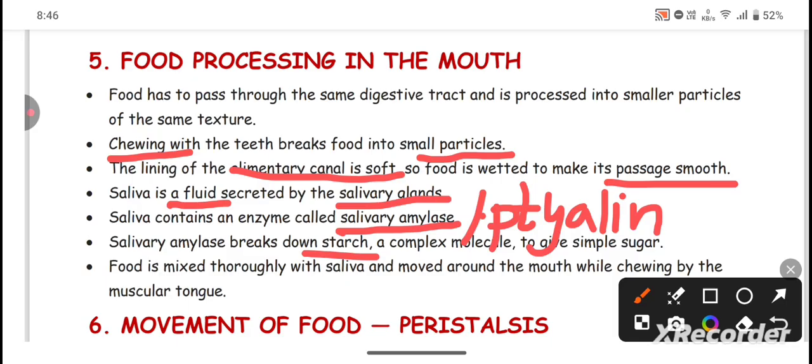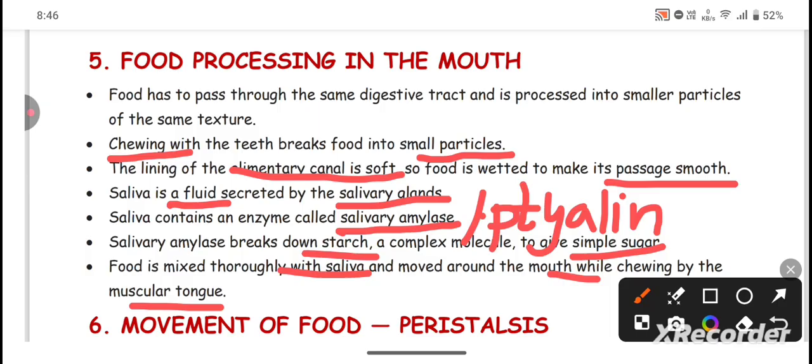Starch, a complex carbohydrate, is broken down into simple sugars by the action of the enzyme amylase. Food is mixed thoroughly with the saliva and moved around the mouth while chewing by the muscular tongue.